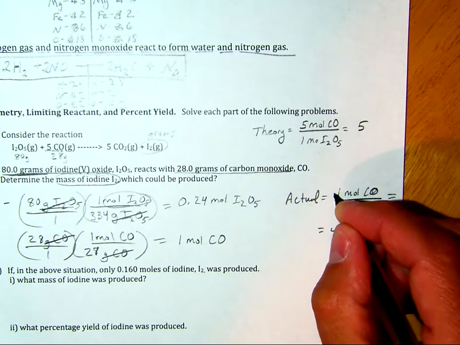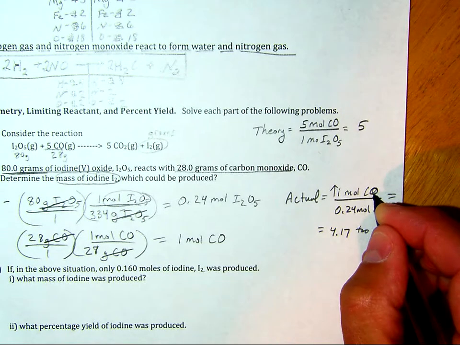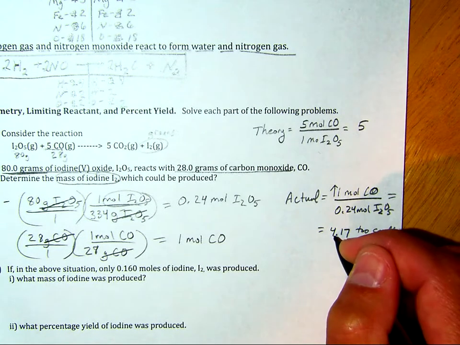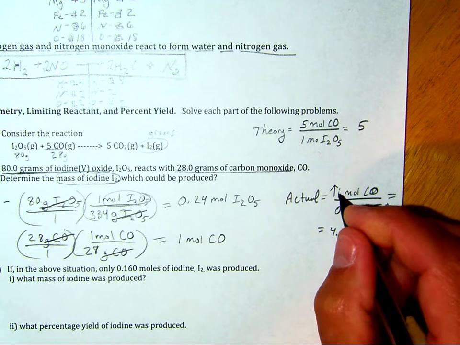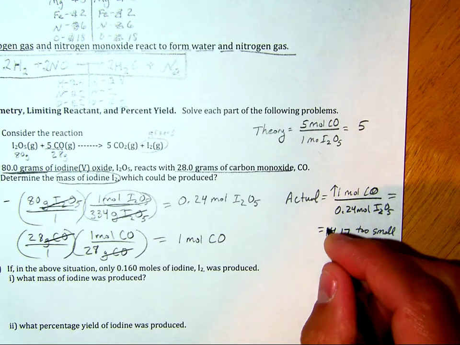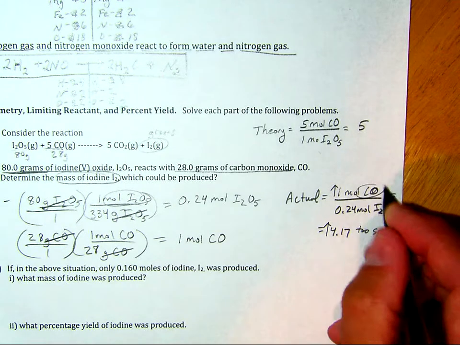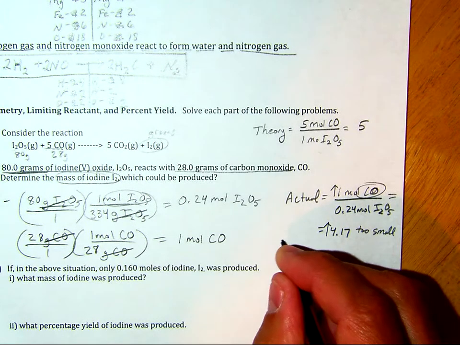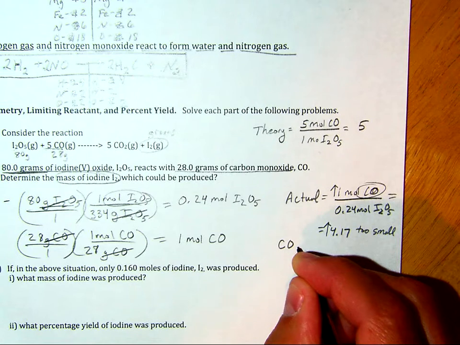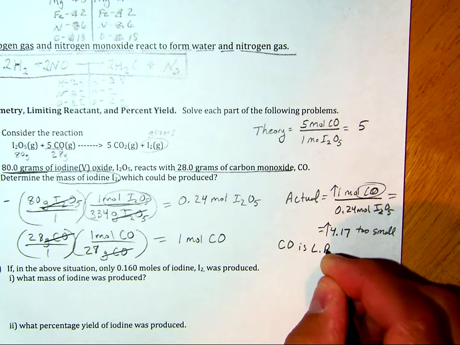If we had more of the top substance, which was CO, would this answer go larger or smaller? So if the top number gets larger, the answer will get larger. Do we want that? And the answer is yes. We need more CO. So what that tells us is that carbon monoxide is our limiting reactant.